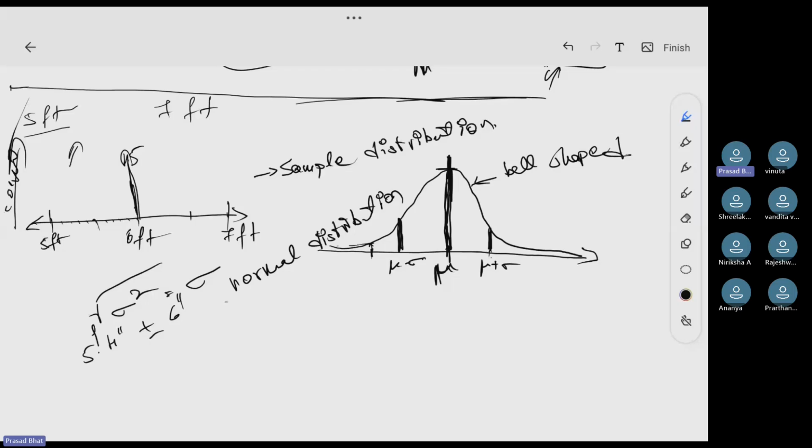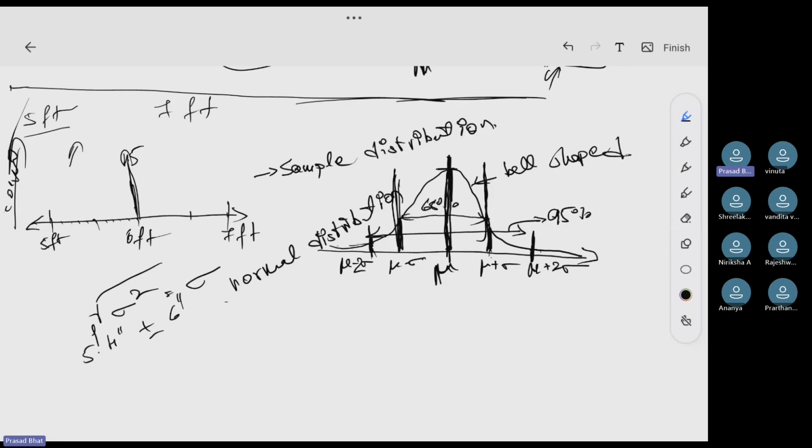Then the general understanding of normal distribution is that 68.27%, you can generally simply remember it as 68%. 68% of the values will reside between these two intervals, mu minus sigma to mu plus sigma. And if you take mu plus 2 sigma and mu minus 2 sigma, this range will contain approximately 95% of the values.